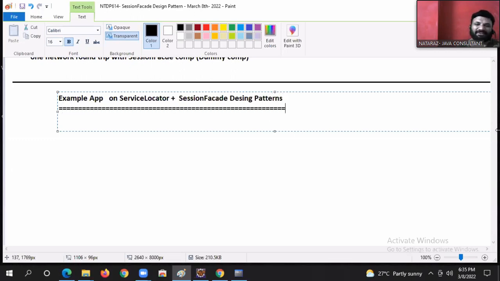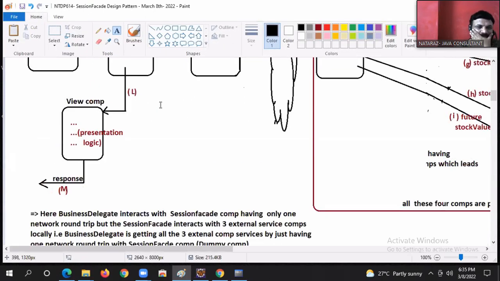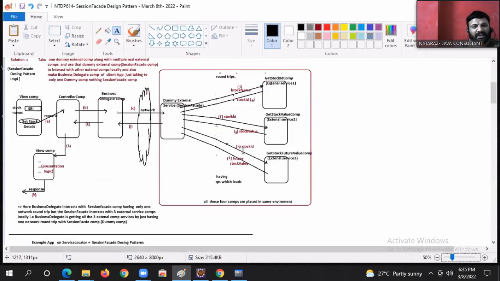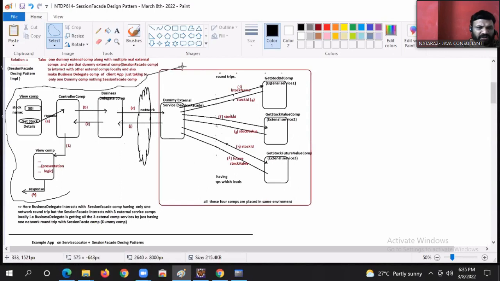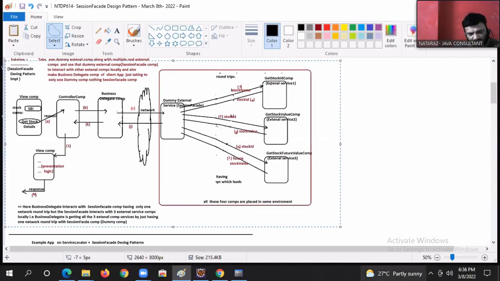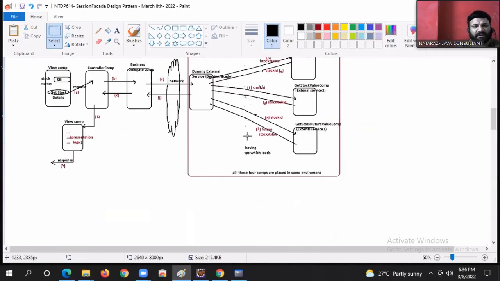Okay. Let's take this solution diagram once and let's improvise this diagram.